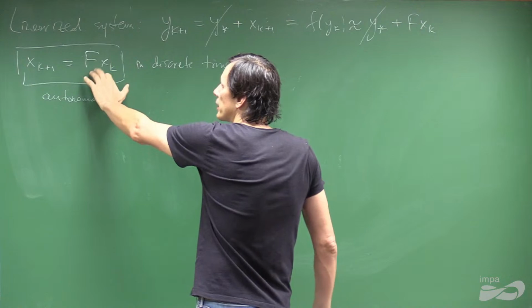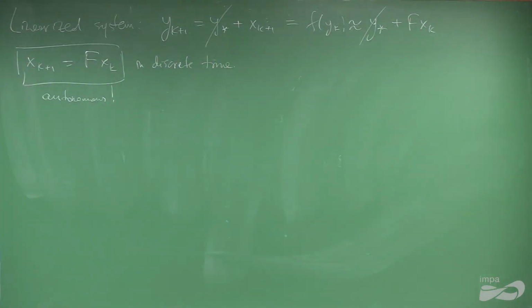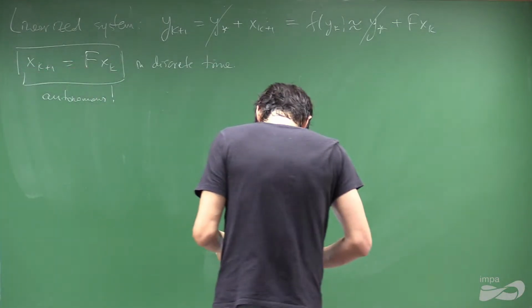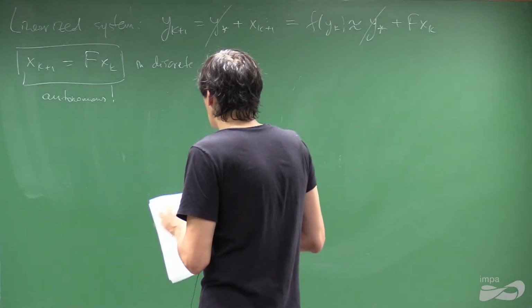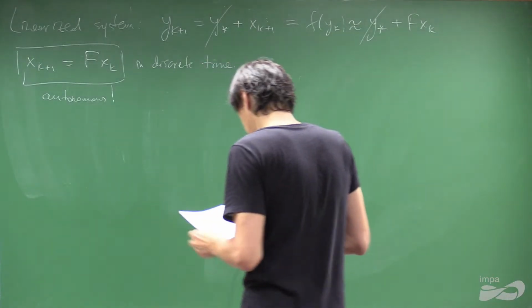So there is no time dependence of the matrix, while in the previous linearization, the matrix was time dependent. So moving to these discrete times, we gain this autonomy. The system becomes autonomous.